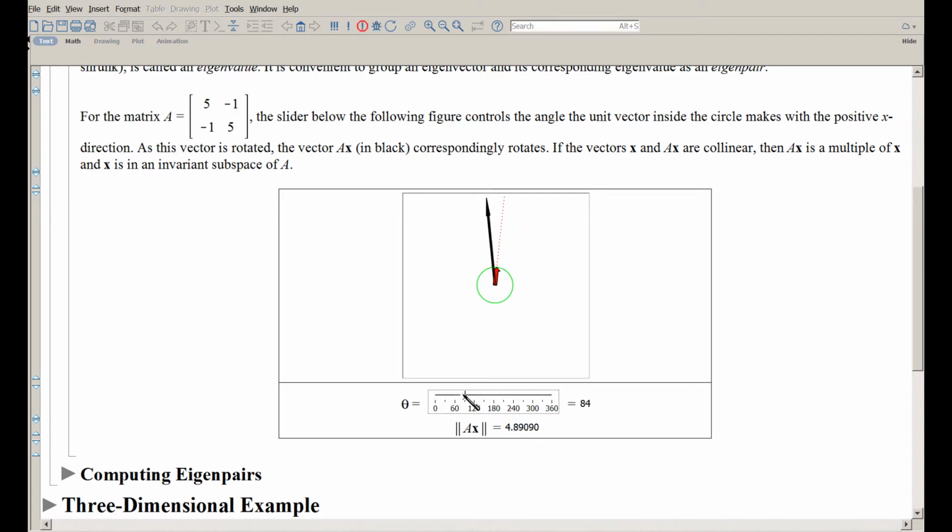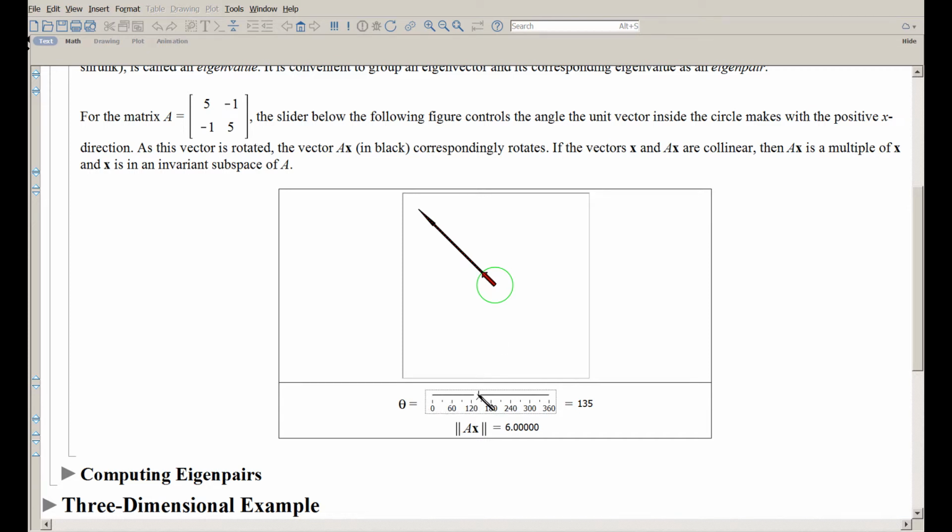If we change the angle, we see that the two vectors no longer line up, but for this angle, they again line up, but now the stretch factor is 6. So you can have a graphical visual representation of what we mean by an invariant subspace.